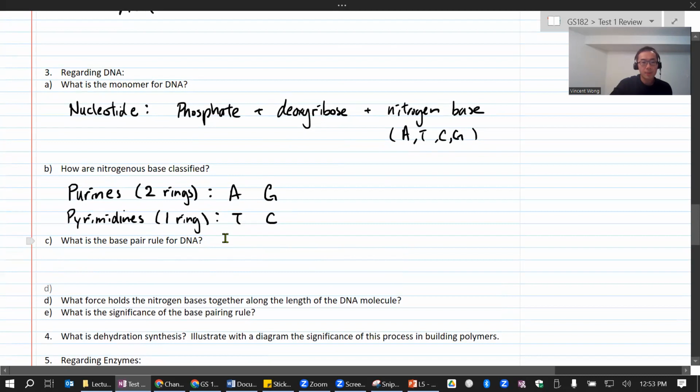What is the base pairing rule? A pairs with T, and C pairs with G. And you might remember A and T have 2 hydrogen bonds holding them together, but C and G have 3 hydrogen bonds.